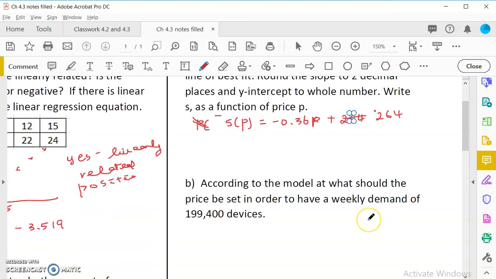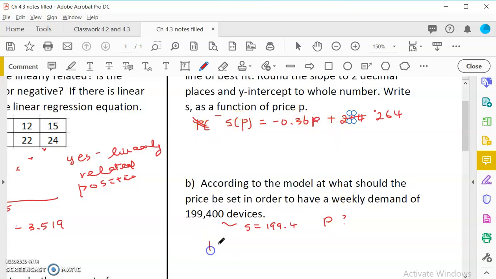So 199,400 is equivalent to S equal to 199.4, right? And I want to find what price it would be. I don't know the price, so that is unknown, but I know S.